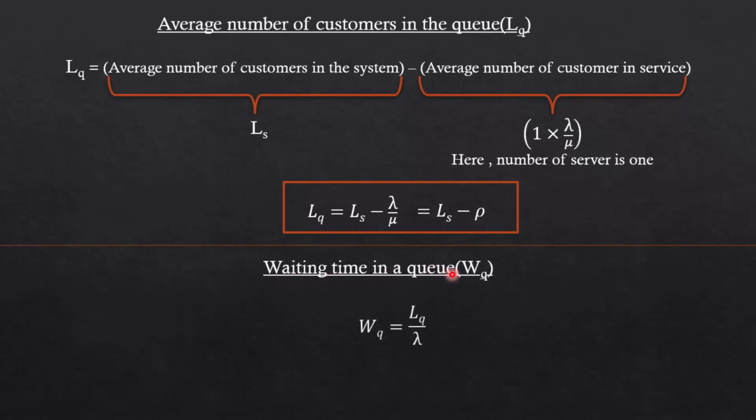The waiting time in the queue is given by WQ, and it is equal to LQ by lambda. So we need to remember this formula as LQ by lambda. Once we get the length of system, we can calculate the waiting time in the system, the length of queue, and the waiting time in the queue.